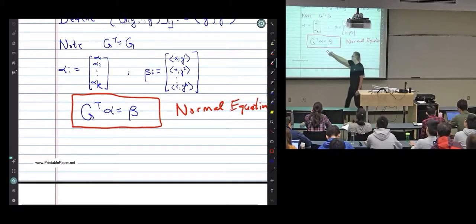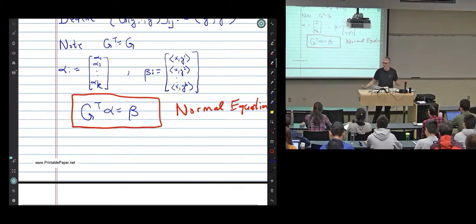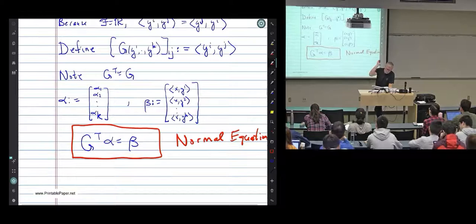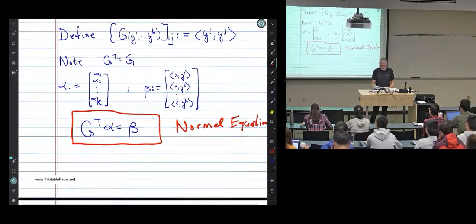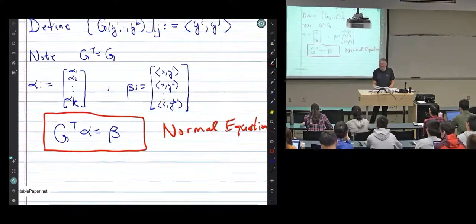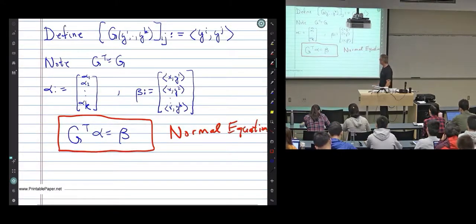And if you write it as G alpha equals beta, I don't care, okay? It's totally correct because G is symmetric, okay? If you go back and you do the complex case, then this will help you a little bit when you're setting things up, but it doesn't really matter, okay? So know the normal equations for your qualifying exam.